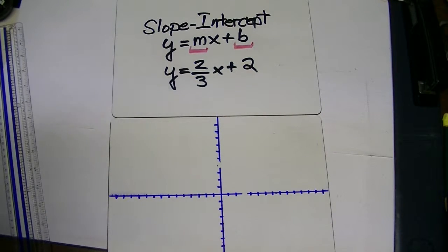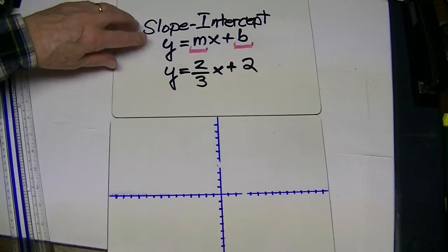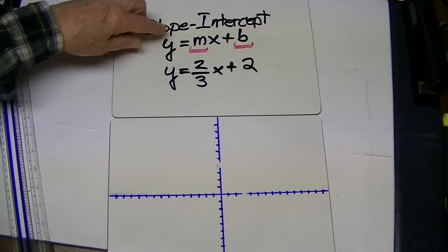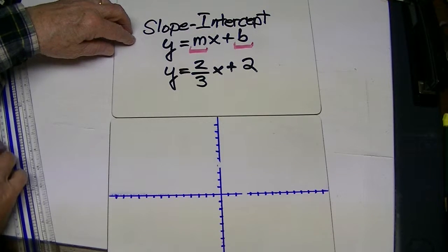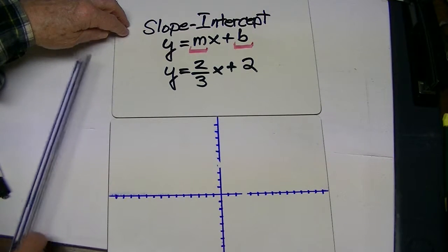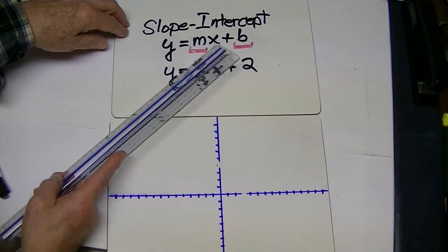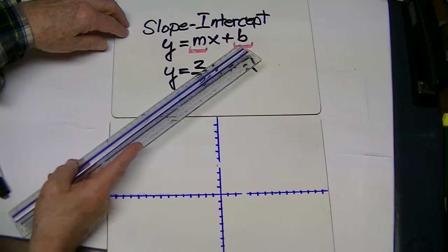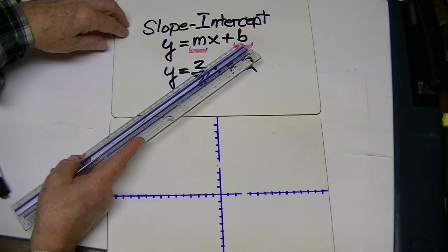In this next example, we'd like you to use what is called the Slope-Intercept Form, where it's written y equals mx plus b, where the slope is indicated by the letter m, and where this line will cross the y-axis is written by the letter b.